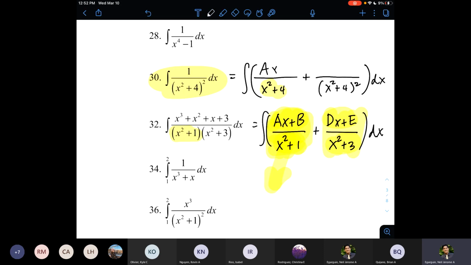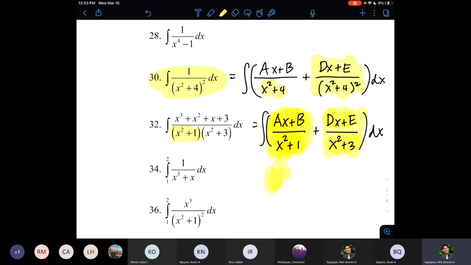So that means it will get an ax plus b on top. And the second one will also have a generic linear function on top. So you get 4 unknowns, a, b, d, and e. And I guess integrating this guy would be another thing. Okay, and it will really depend on d and e. For those cases, we need to solve for a, b, d, and e first before performing the u substitution. Okay, so get ready for more exciting examples on Friday.